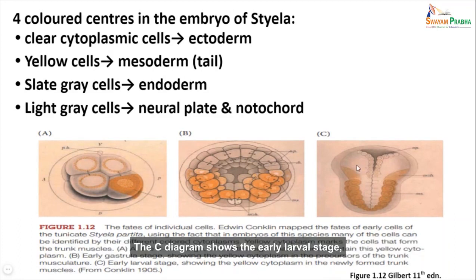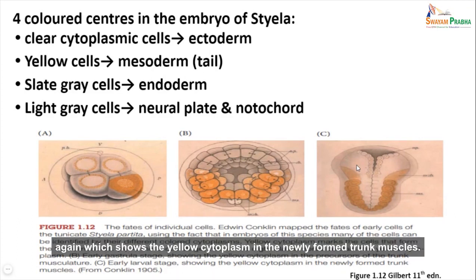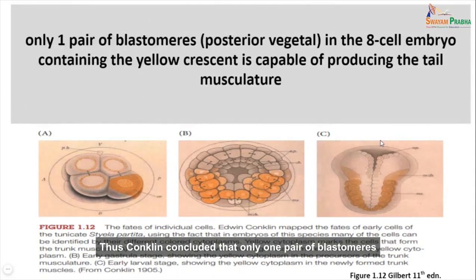Diagram C shows the early larval stage, again showing the yellow cytoplasm in the newly formed trunk muscles. Thus, Conklin concluded that only one pair of blastomeres, present in the posterior vegetal location in the 8-cell embryo and containing the yellow crescent, were capable of producing the tail musculature.